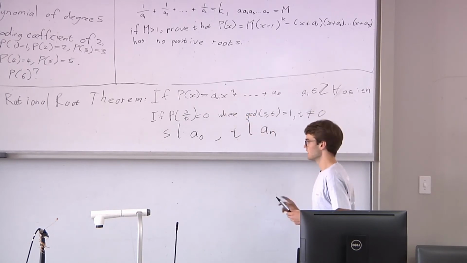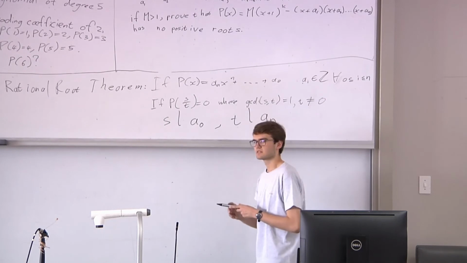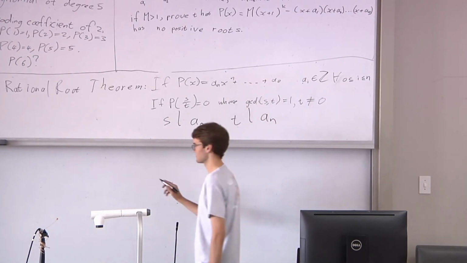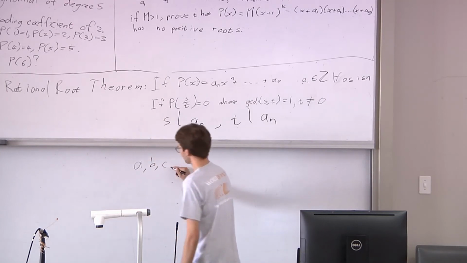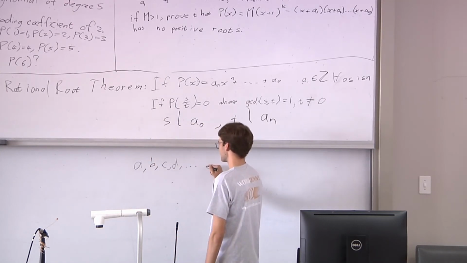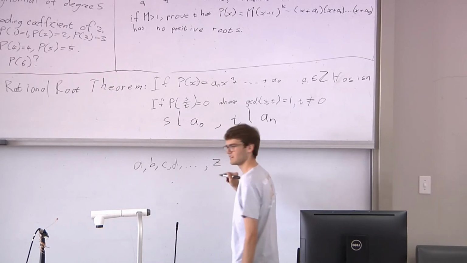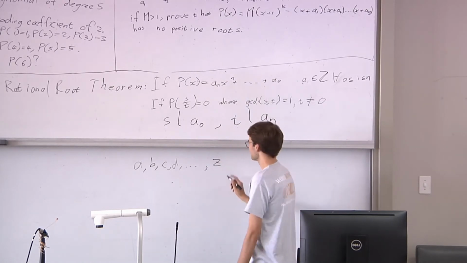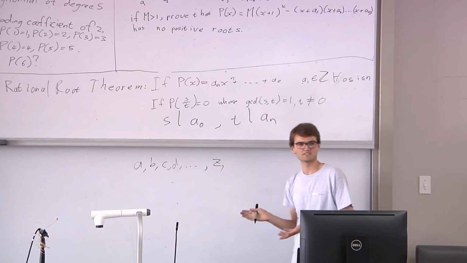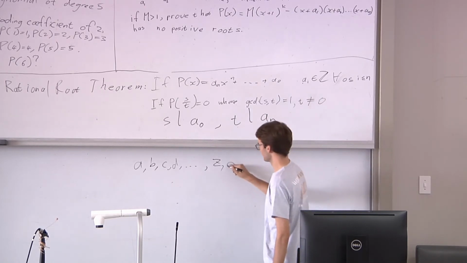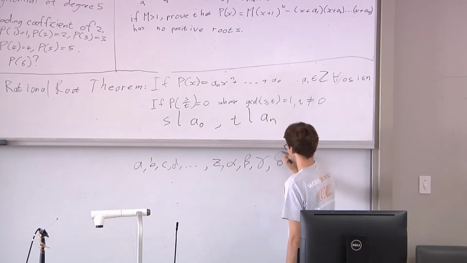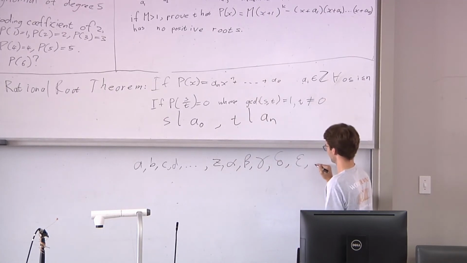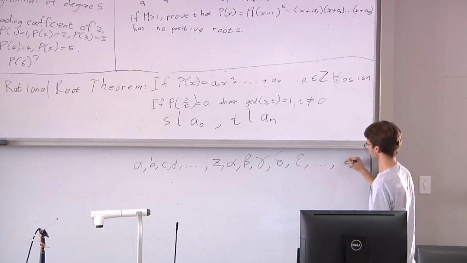Okay, so a lot of the times when you have a lot of variables, you like let one be A, let the other one be B, let the other one be C, and D, and so on and so on. And if you have 26 of them, you get to Z. And then when you have the 27th one, then what do you do next? You have to stop. Okay, so then you go to alpha, beta, gamma, delta, epsilon, etc. until you get to zeta.